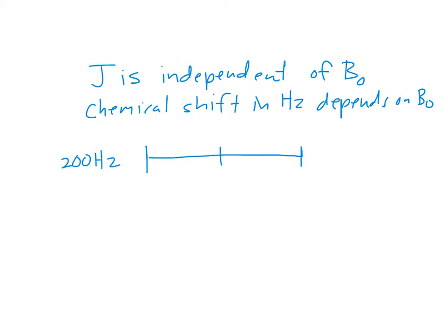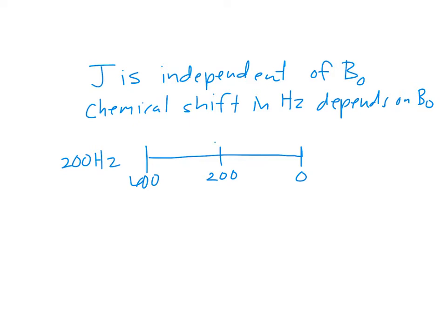So let's say this is at 0, 200, 400. So each one of these would be 1 part per million. And let's say that, and this isn't going to be all accurate, but I'm just going to make a point here.